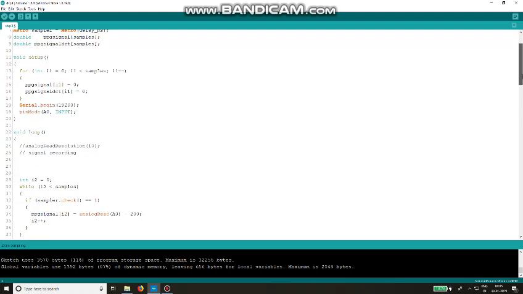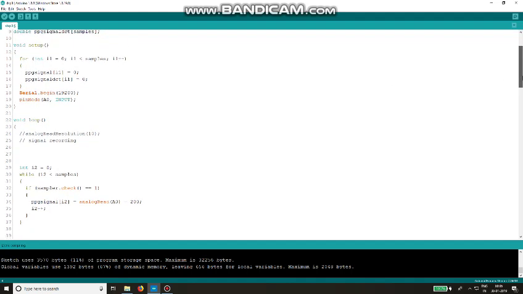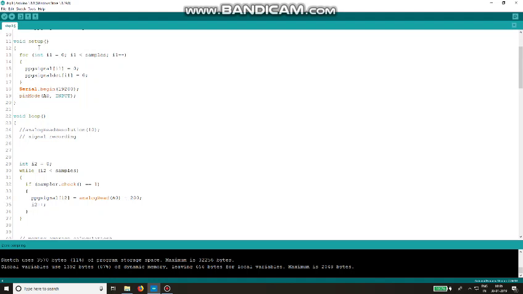Now moving on. PPG signal and PPG signal DCT are our two arrays. In PPG signal we will store the signal, and in PPG signal DCT we will perform some signal processing operations. Now moving on to the first step, void setup. This code will be executed only once.